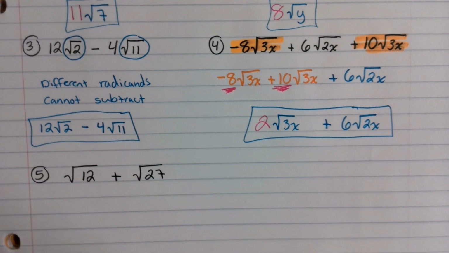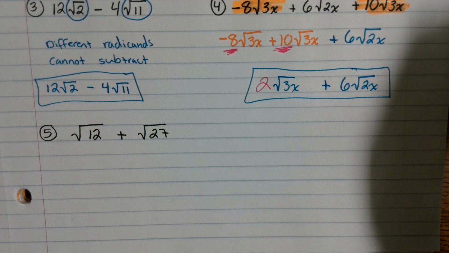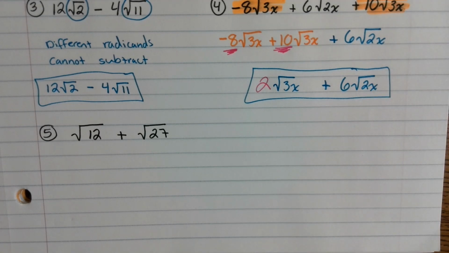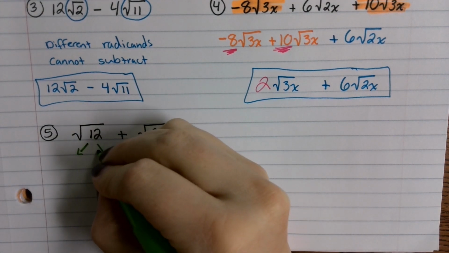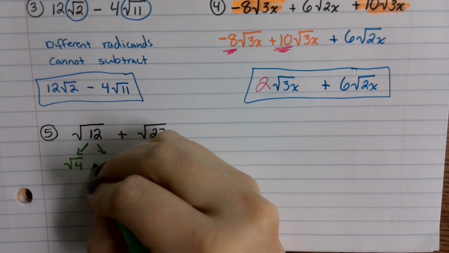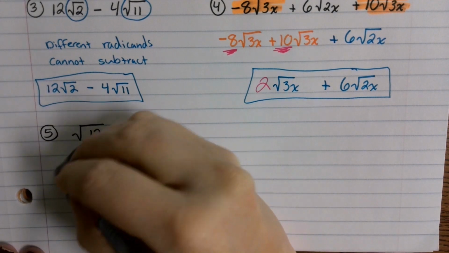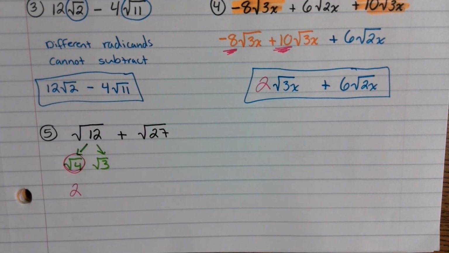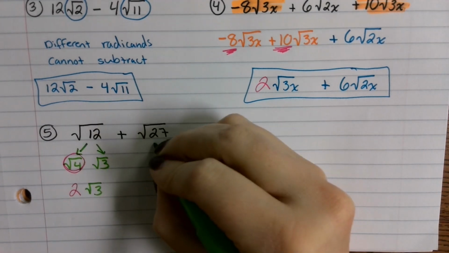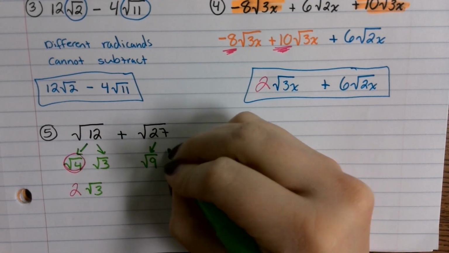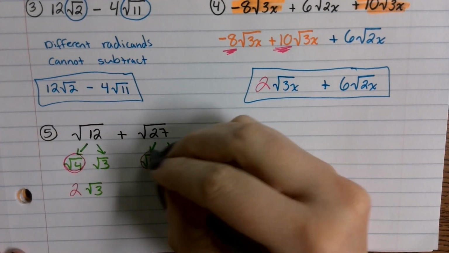So again, sometimes you might have to factor them down, simplify them out to see whether they are able to be combined. So if I break the 12 up to square root of 4 and square root of 3, again, the square root of 4 is a perfect square. It comes out to being 2 square roots of 3. And then when I factor out the 27, it becomes square root of 9 and square root of 3. Again, 9 is a perfect square.